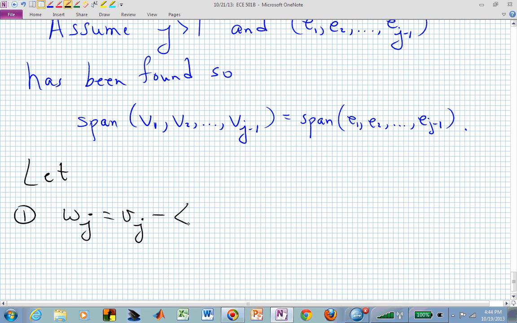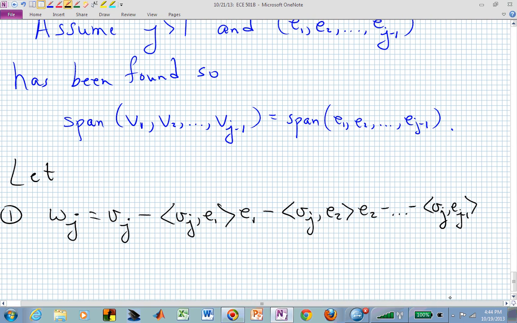And we can do that by taking the component of V sub j that's aligned with E1, by forming the inner product of V sub j with E1. And then that's the scaling amount that weights E sub 1. We take V sub j and form the inner product with E sub 2, and we just continue to do that until we reach V sub j inner product with E sub j minus 1, and we use that to scale E sub j minus 1.